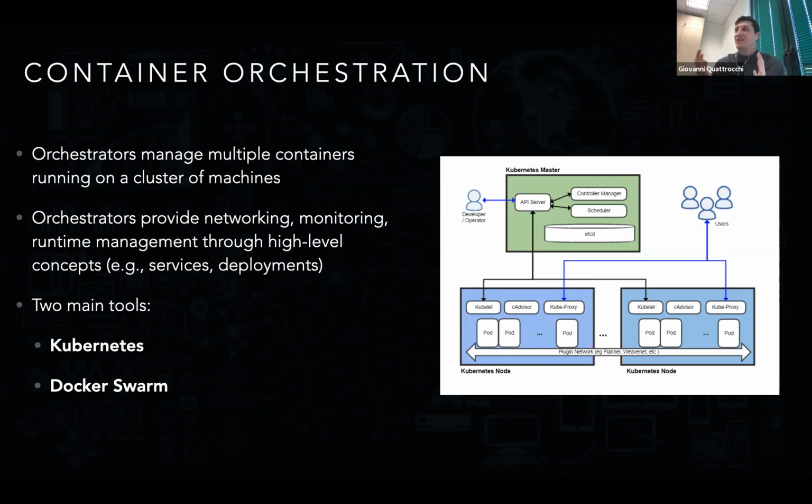It's not realistic to think that with a single physical machine or a single virtual machine, you can deploy a full system. You usually have a cluster of machines, which could be physical, virtual, or mixed. And then you need software that helps in managing the containers.